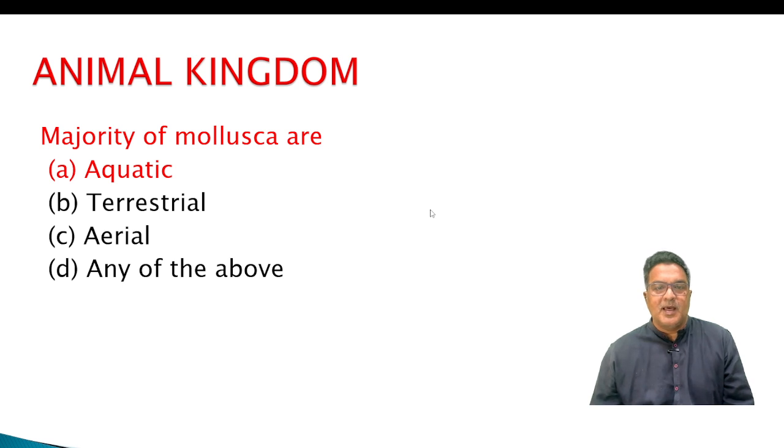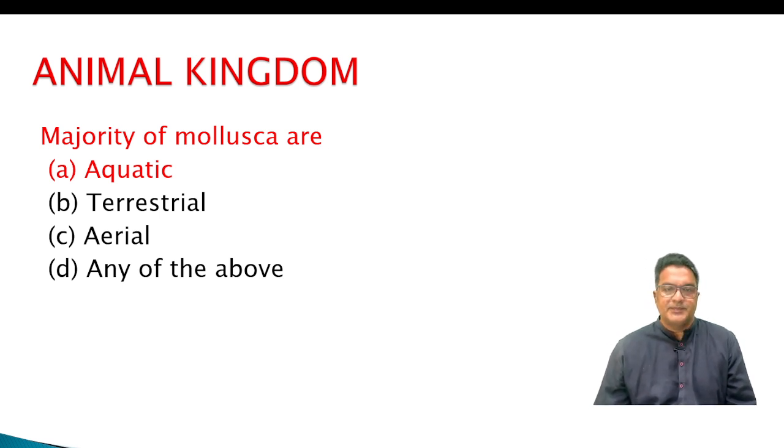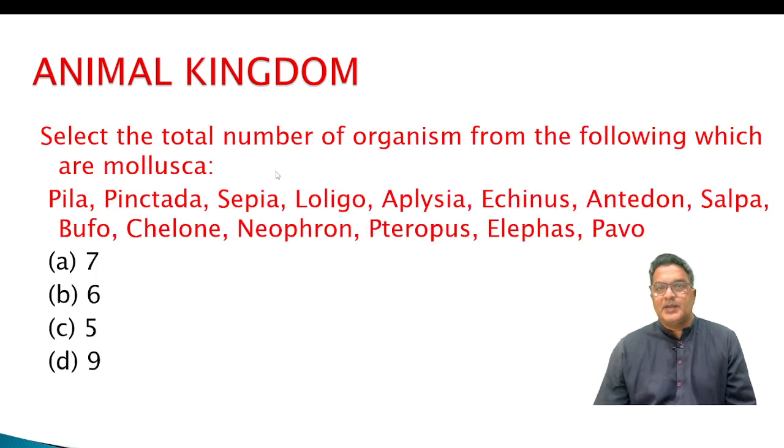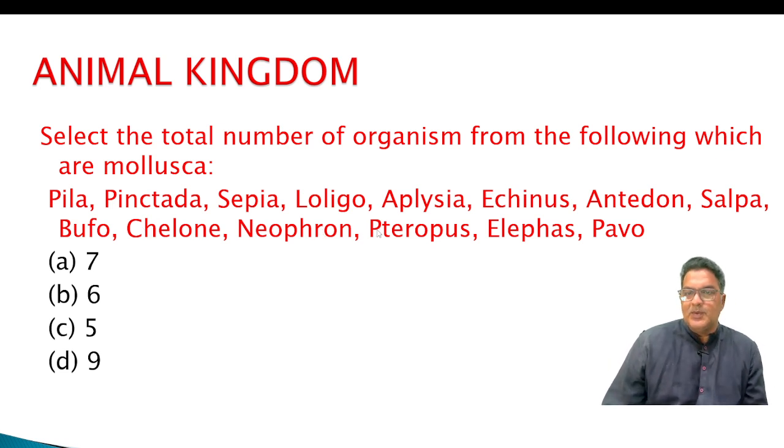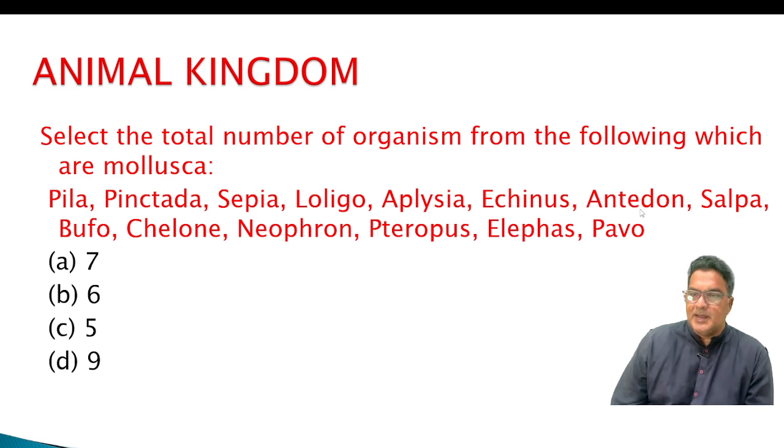Majority of Mollusca are aquatic. Select the total number of organisms from the following which are Mollusca: Pila, Pinctada, Sepia, Loligo, Aplysia, Echinus, Antedon, Salpa, Bufo, Chelone, Neophron, Pteropus, Elephas, Pavo.